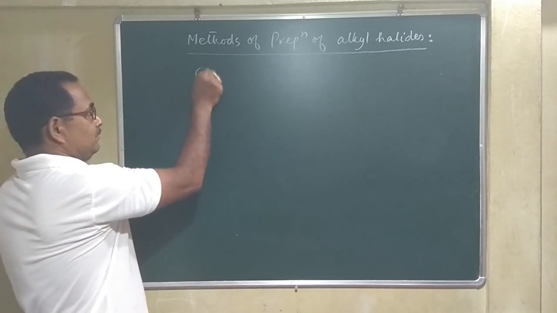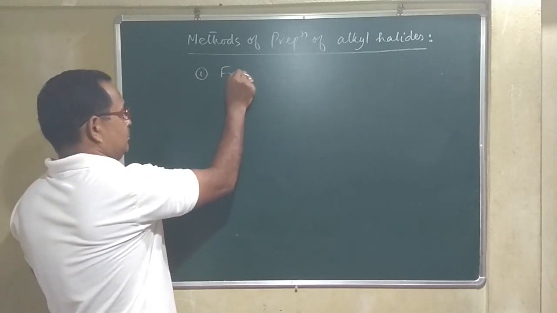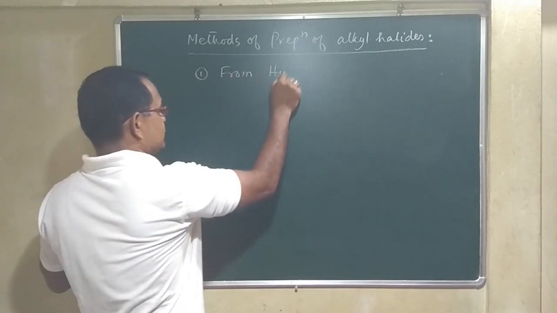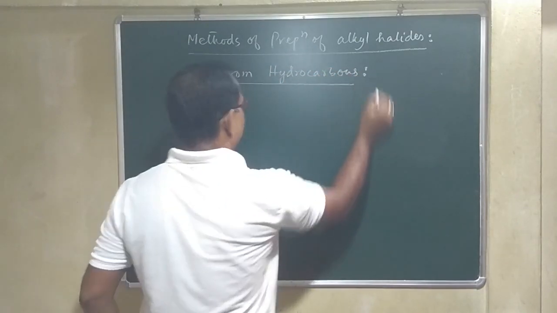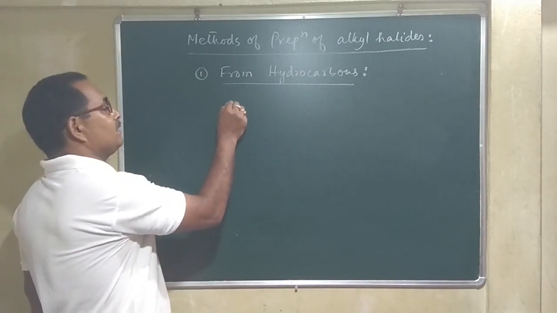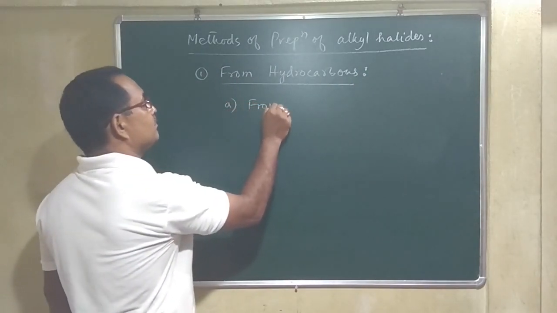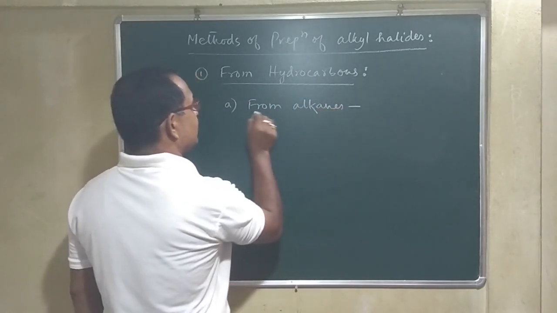Say number 1: from hydrocarbons. Alkyl halides can be prepared from hydrocarbons. Number A, from alkanes.